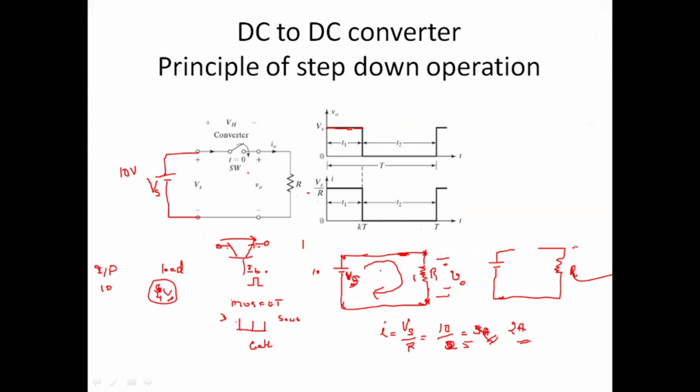If you measure the voltage between these two ends, this is a load, what voltage does it show? No current is passing here, so voltage is 0. This is what this picture is showing. The voltage is 0 when the switch is open, and Vs when the switch is closed.